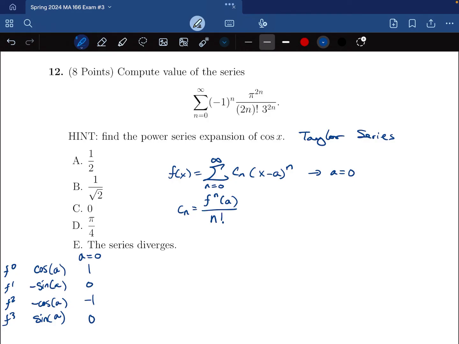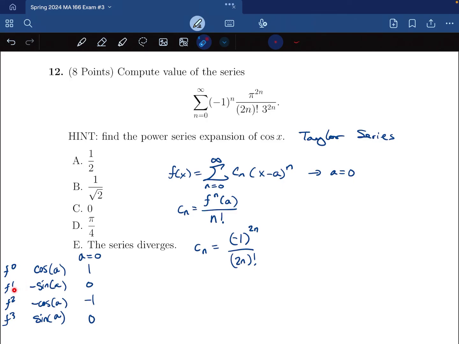So this means that we can find a formula for Cn, and Cn is equal to negative 1 to the power of n divided by 2n factorial, because the reason I made this a 2n is that we don't really care about what happens on the odd numbers.